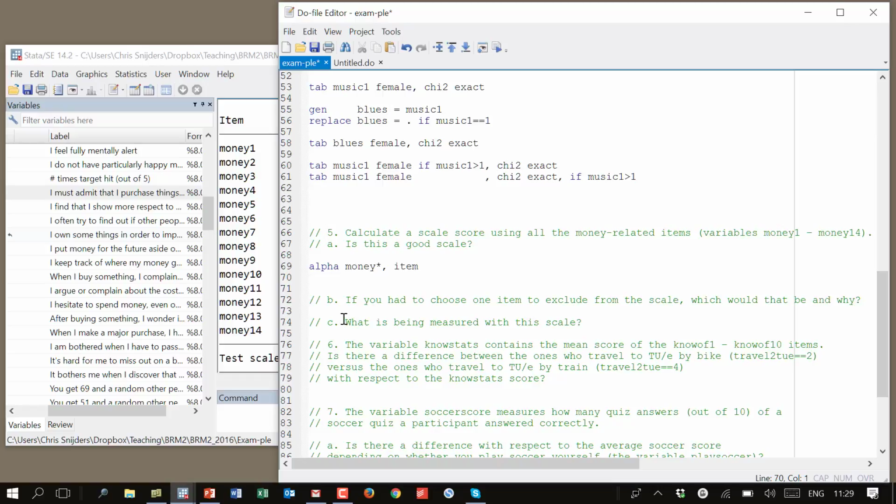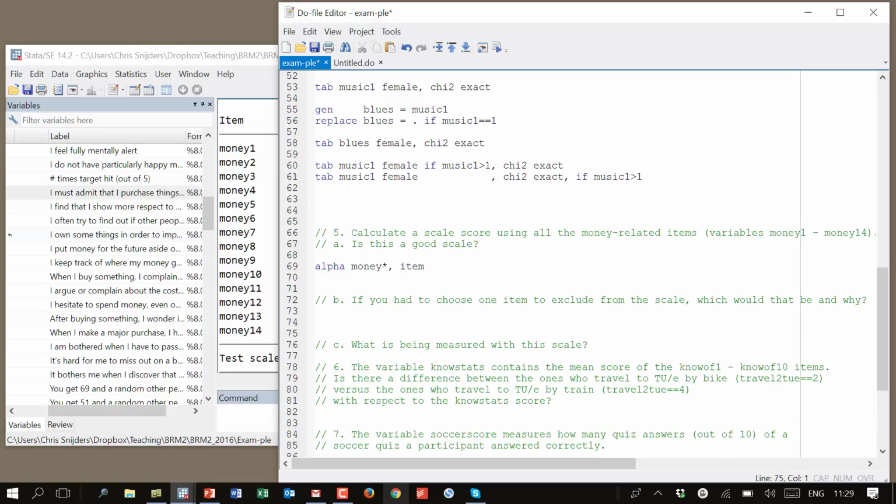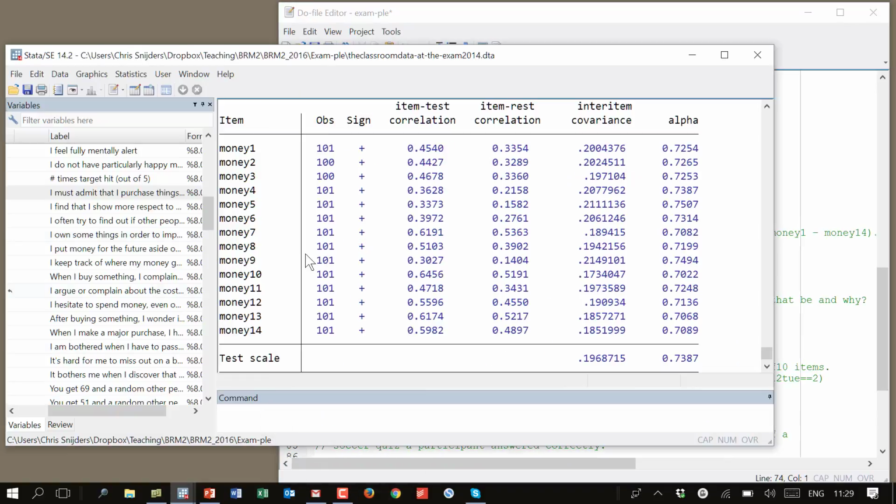If you had to choose one item to exclude from the scale, which one would it be and why? Okay, so the most obvious way to go about it is to look at the column on the right over there, because that will tell you what will happen to the scale score if I remove that particular item. So we're looking for numbers here that are larger than 0.7387.